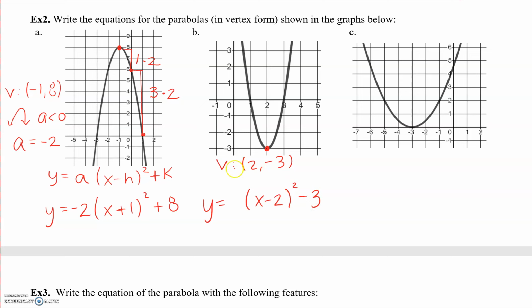In order for me to find the dilation, I'm going to go look at my points and see how I get to the next one. So it looks like this is the next nice point on my graph. And to get there, I had to go over 1, and I went up 3. Well, the normal spacing is supposed to be over 1, up 1, so that means that my vertical dilation must have been 3. It's +3 because this parabola opened upward.